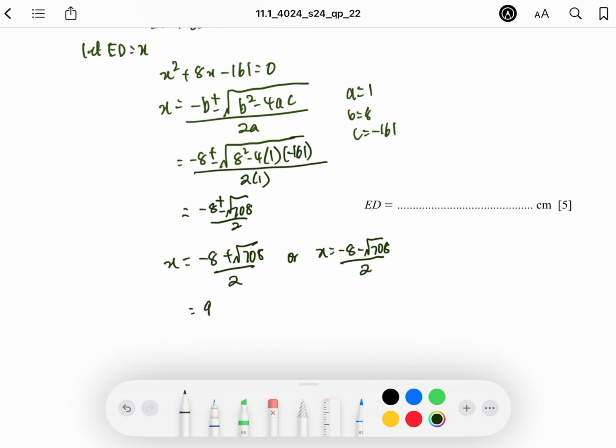The addition would get you 9.3. The subtraction will give you minus 17. So we ignore this one because a side can't be negative. That way, you can put that one correct to one decimal place.